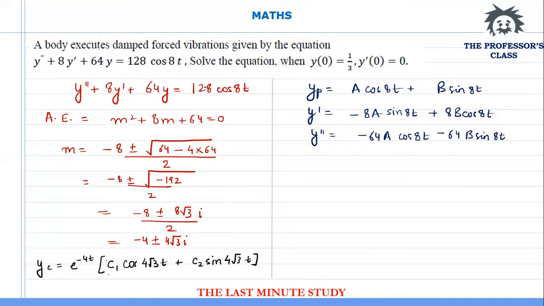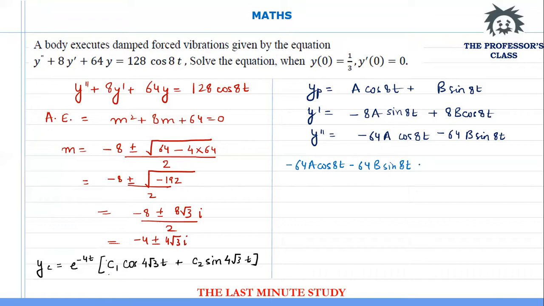Now if I substitute these values in the given equation, I get minus 64a cos 8t minus 64b sin 8t.